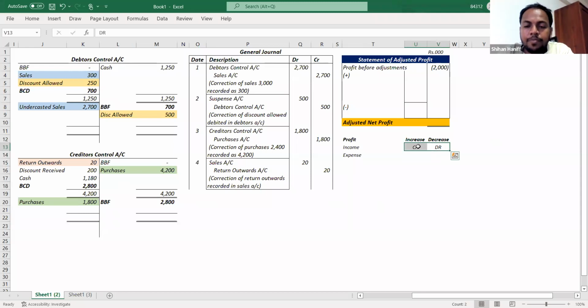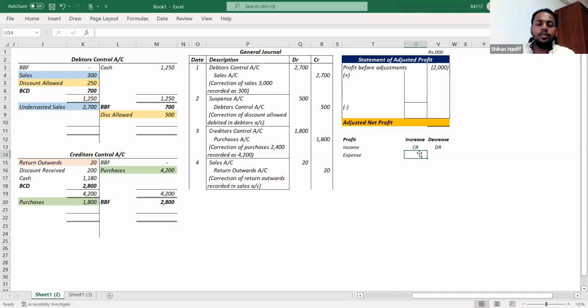How about expense? For an increase of profit, expense should be debit or credit? Yes, it's credit.